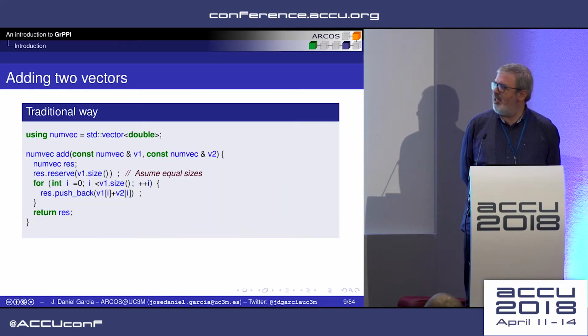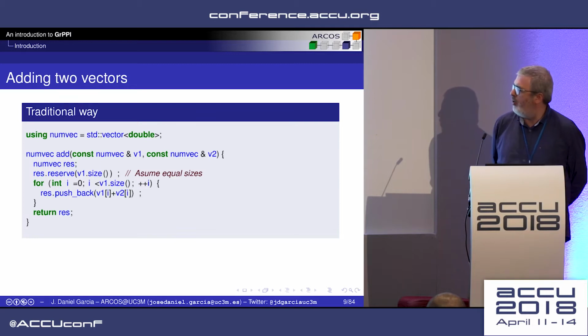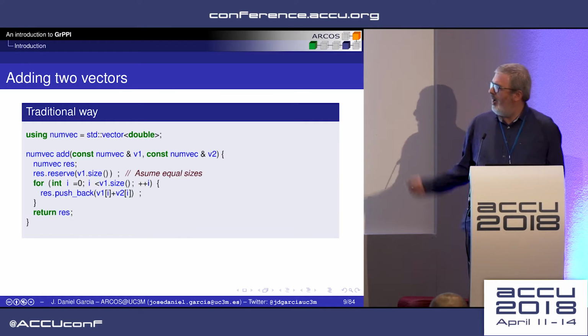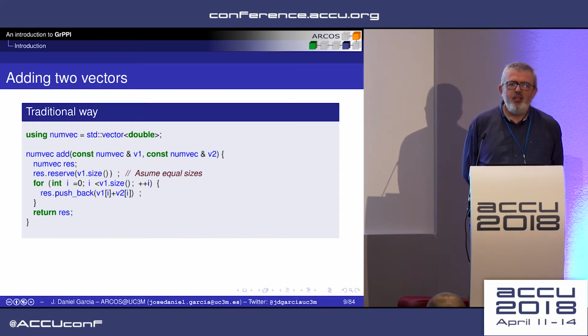So this is a small example of something that I can do today. If I want to add numbers that I have in two vectors and produce a new vector, I would have this for loop. Now, this for loop is sequential, but if I think about the nature of the problem, there is no sequentiality at all.